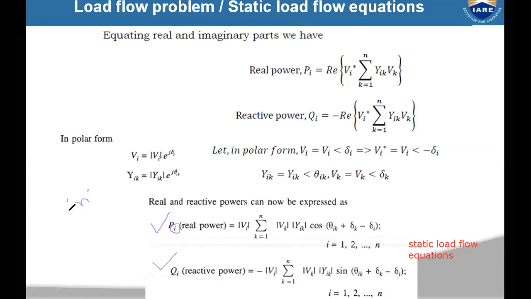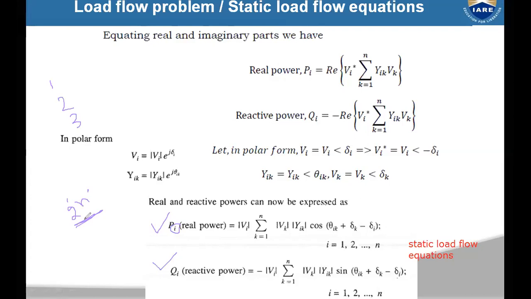A total of 2n equations. At bus 1 you get real power and reactive power equations, at bus 2 also the same two equations, like that for n buses you have a total of 2n equations.